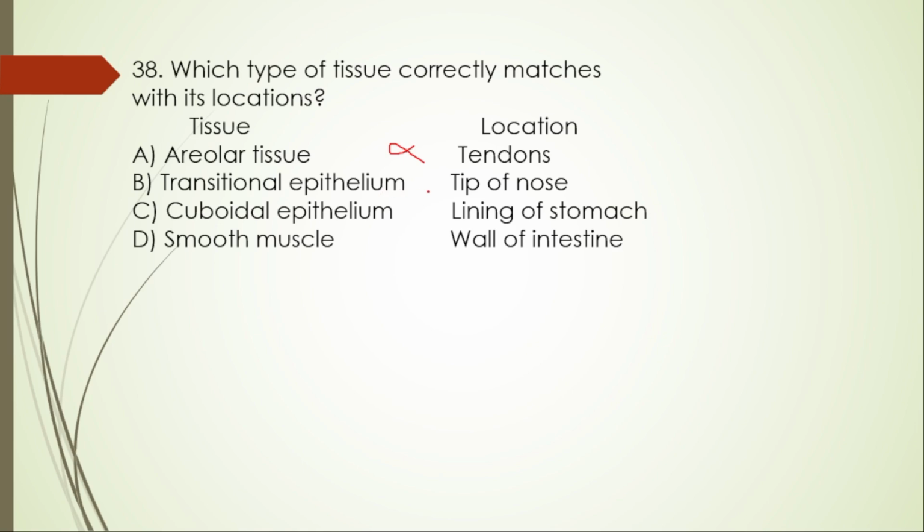It is specialized to stretch and is found in the urinary system. Transitional epithelium is found in the urinary bladder, not in the tip of the nose. And then C, cuboidal epithelium, lining of the stomach. This is also incorrectly matched because cuboidal epithelium is typically found in the kidney tubules and glands, not in the stomach. And then D, smooth muscle, that is wall of intestine. This one is correctly matched. So the right option is option D.